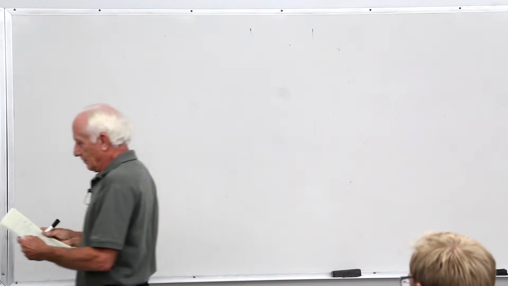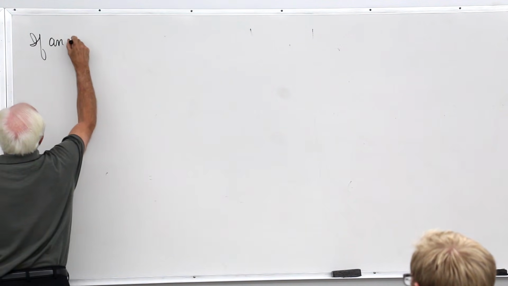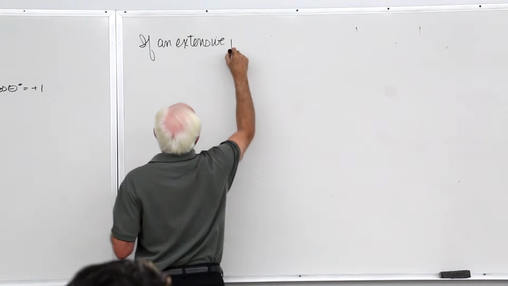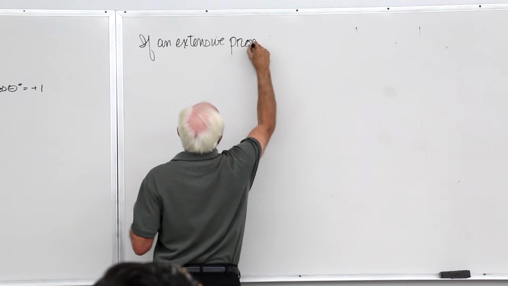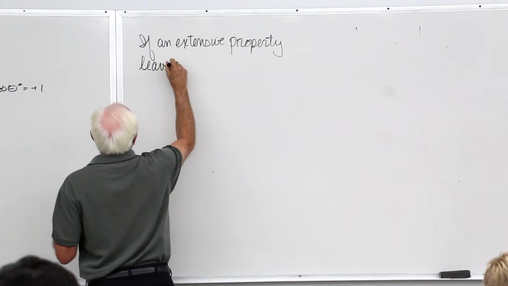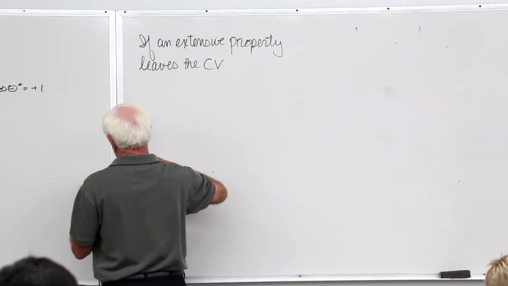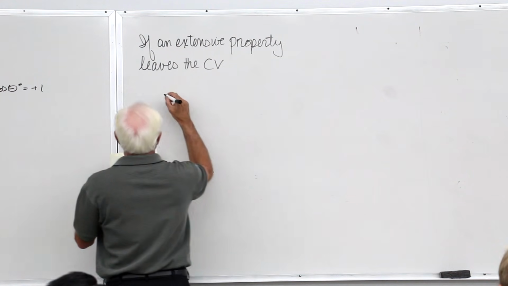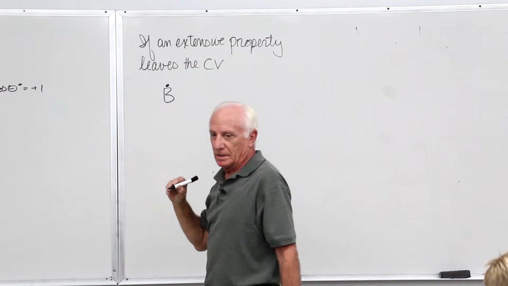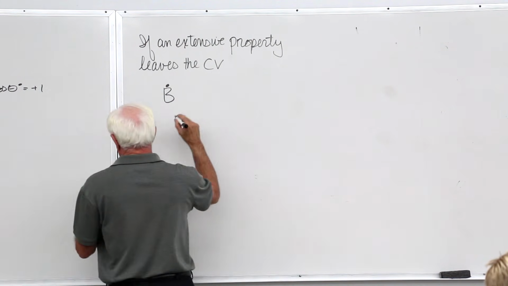Okay, so let's go on. If an extensive property leaves the control volume, the dot means with respect to time, the rate of change of B with respect to time, B dot.